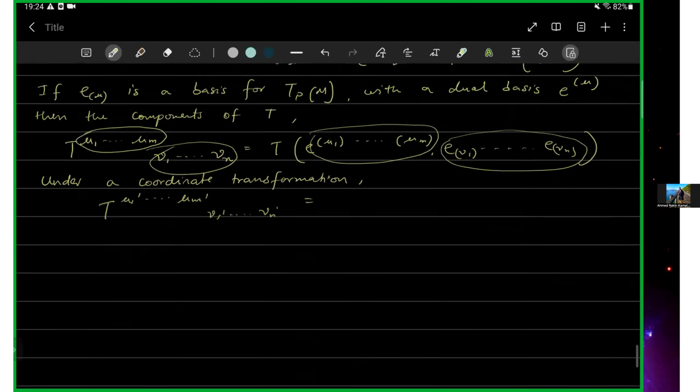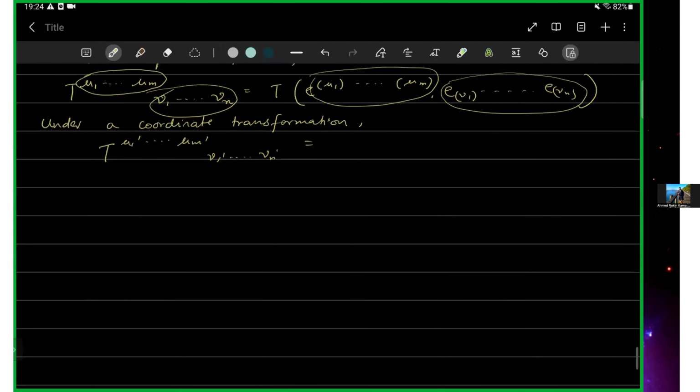So in that case, if I were to now sort of formulate a transformation rule for tensors, which can have m indices upstairs and n indices downstairs, then depending on how many indices I have upstairs, I would have the Jacobians accordingly. And depending on how many indices I have downstairs, I would have the Jacobian accordingly, right? So for upstairs indices, I would have the primes upstairs, right?